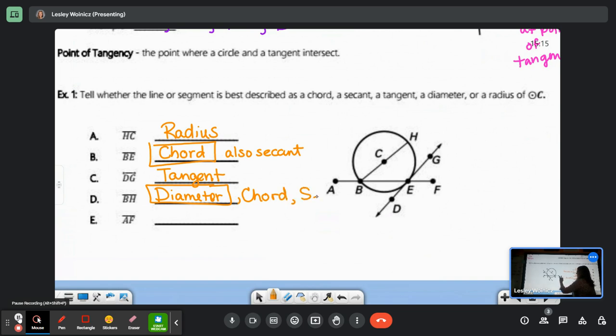Yep. So if I'm giving you a situation where you have to check all that apply, I'm expecting you to pick all three. If I'm just giving you a fill in the blank where you can only say one option, then you pick diameter. Does everybody understand the expectation? Okay, perfect.